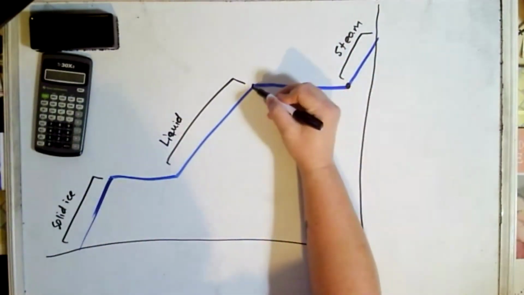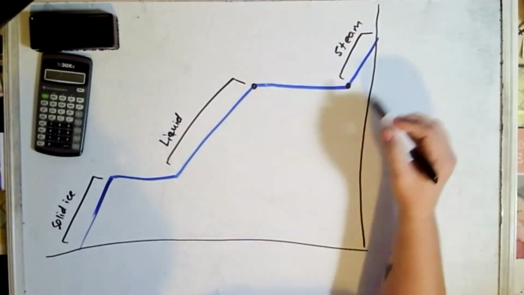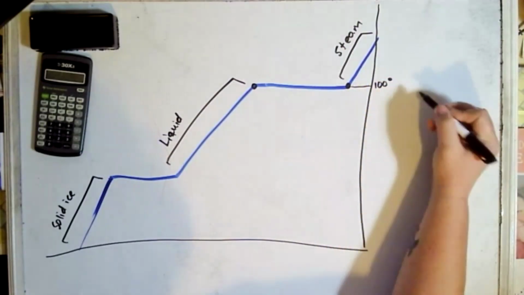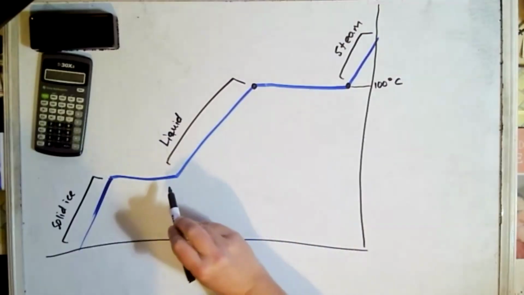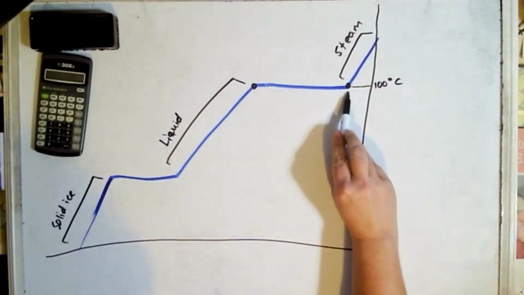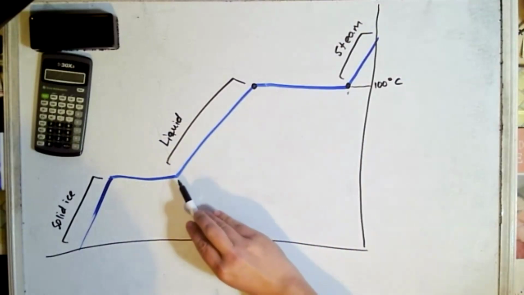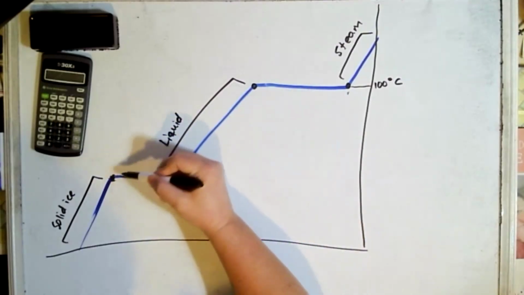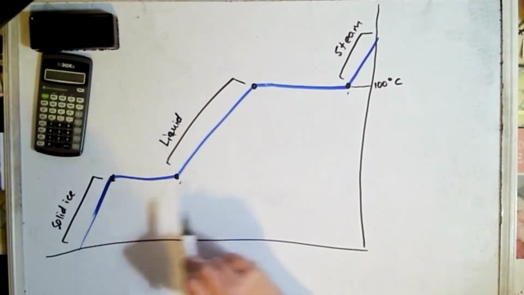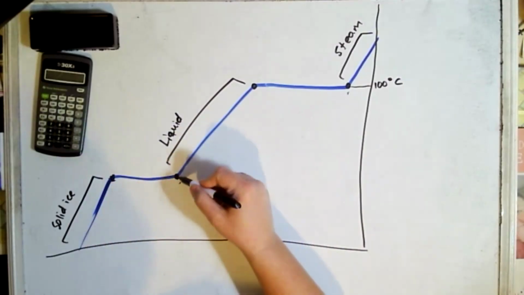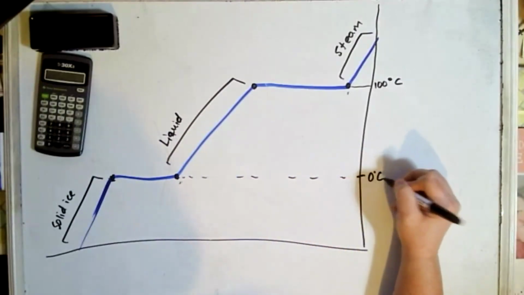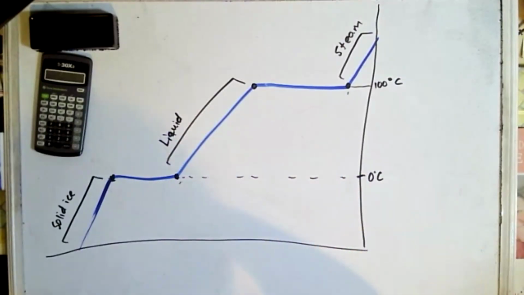This point here and here, this flat line for water, this line happens at 100 degrees Celsius. And that's where we have our boiling point, right? The other flat line, that occurs at our freezing point. So both of these points, that's supposed to be a perfectly straight line that connects them. This happens at 0 degrees Celsius. Okay.